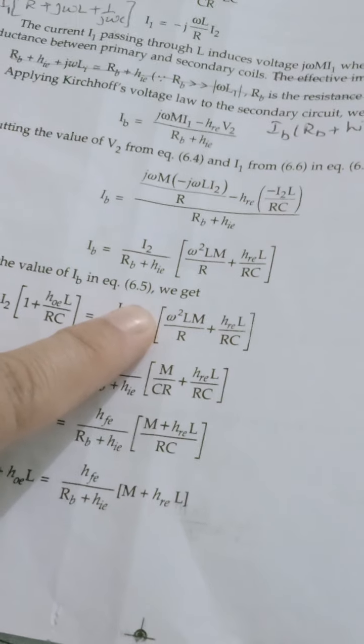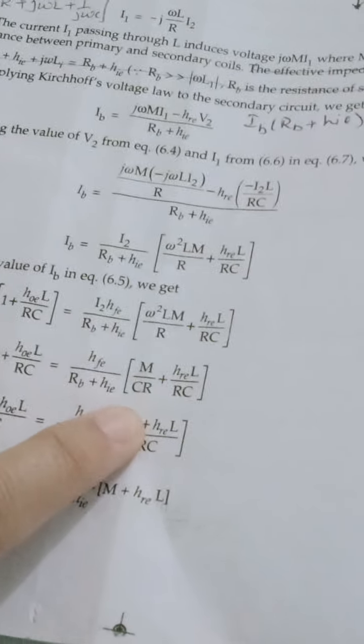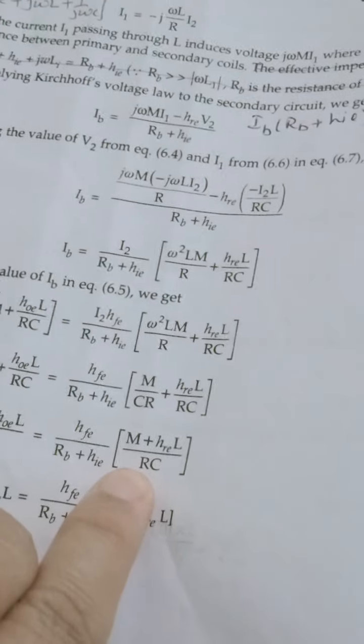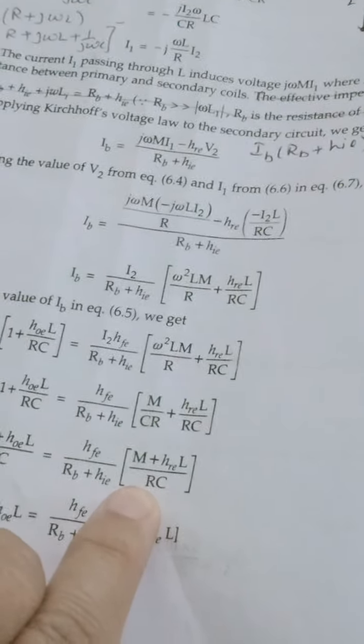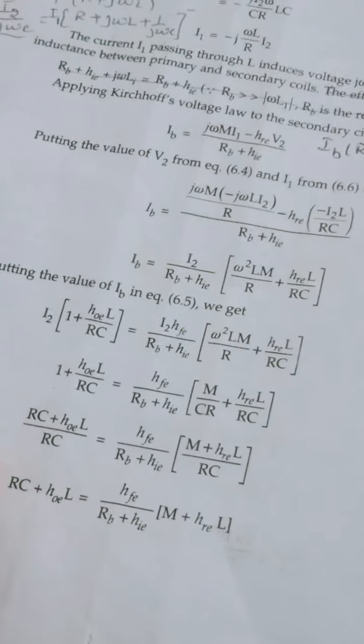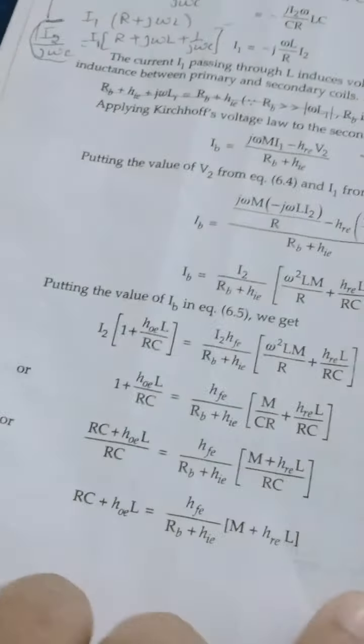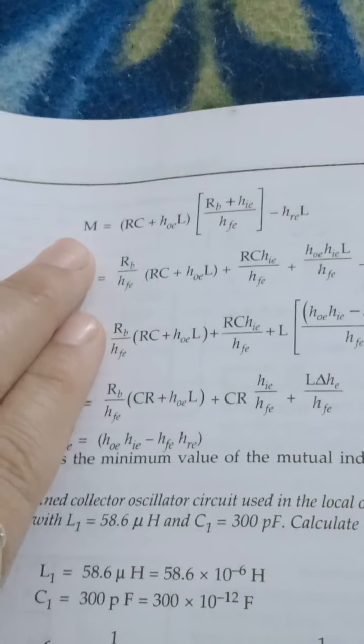Okay, so after putting the value of this omega square, I will be getting this term, and then the LCM of these two terms will be taken. Along this side also the LCM is taken, then RC is cancelled out. So we get the value for mutual inductance like this.